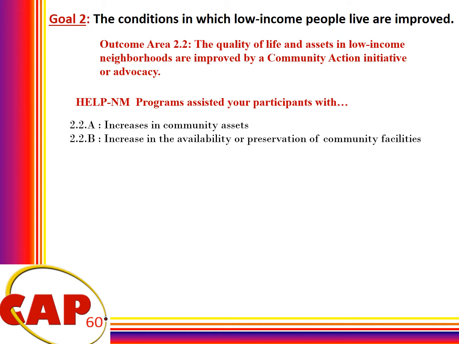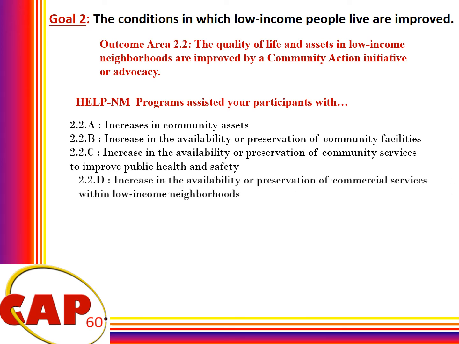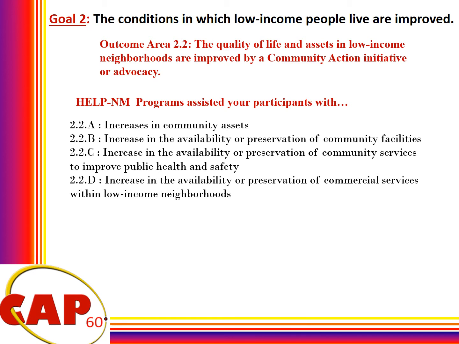Increase in the availability or preservation of community facilities. 2.2c. Increase in the availability or preservation of community services to improve public health and safety. 2.2d. Increase in the availability or preservation of commercial services within low-income neighborhoods. 2.2e. Increase or preservation of neighborhood quality of life resources.